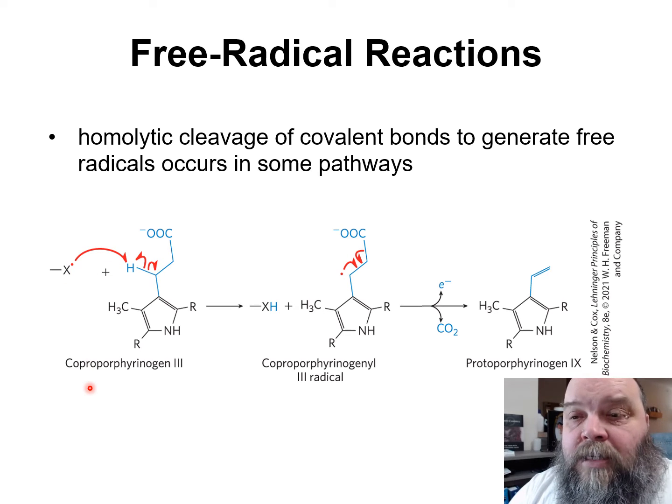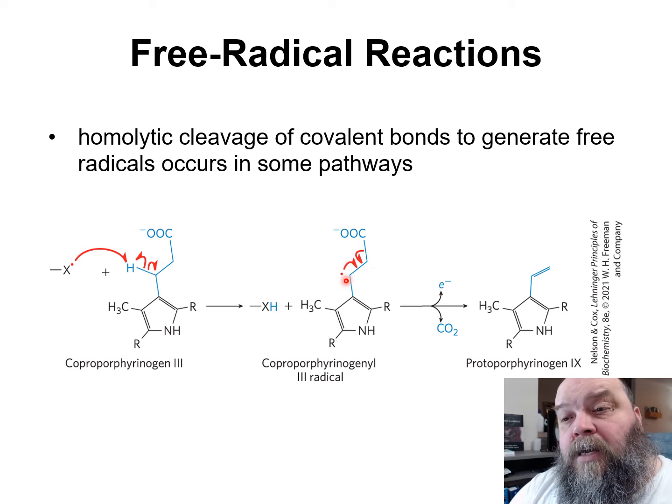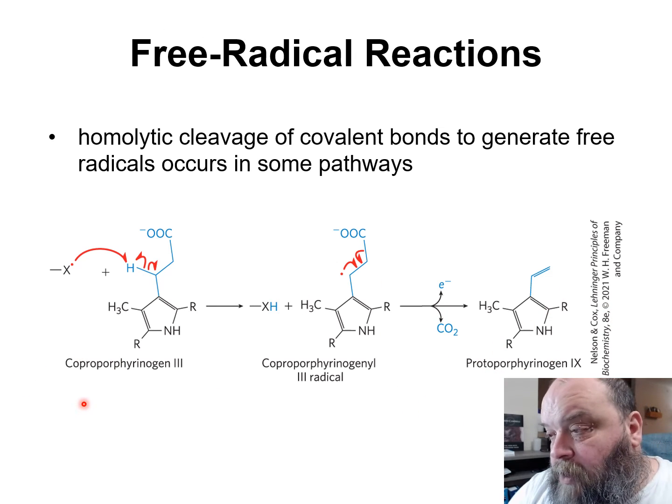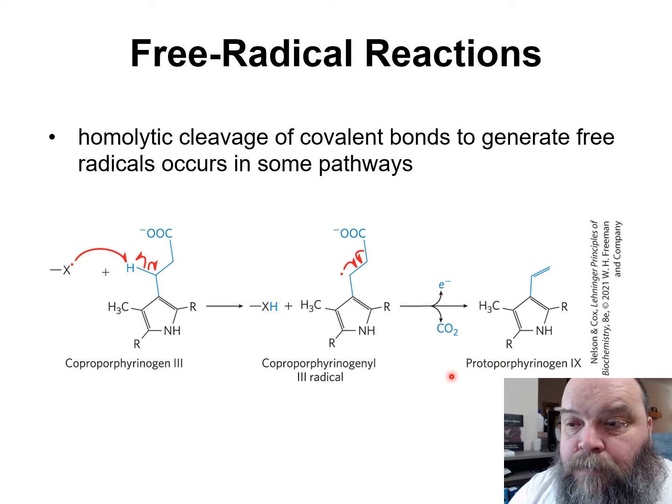It's going to be highly reactive, and as you see here, it does an electrophilic attack on this hydrogen, which is going to mess with the bonds here between that hydrogen and that carbon, and that hydrogen gets stripped away, which results in nucleophilic attacks here, and the next thing you know, you have this part of that carbon chain released as CO2, and you go from, what is that originally? Coproporphyrinogen 3 now becomes protoporphyrin 9.